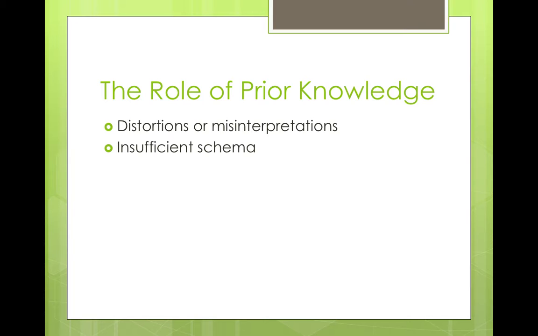One really key part to schema is prior knowledge. If we have prior knowledge that has been misinterpreted or distorted, that can really affect our schema. Also, if we have insufficient schema, not fully developed schema about a process or a topic, that would leave us lacking as well.